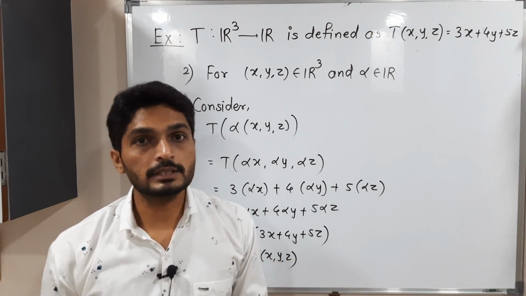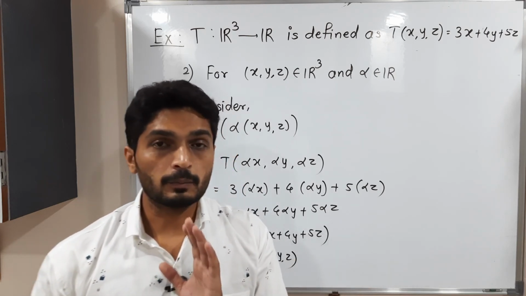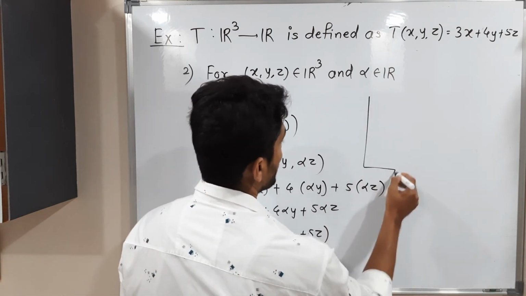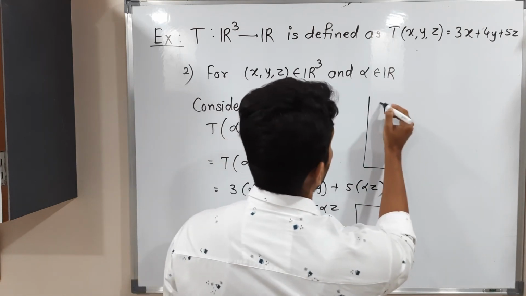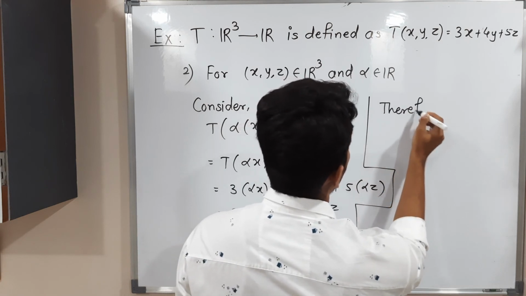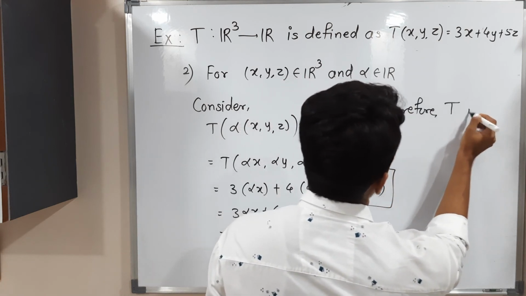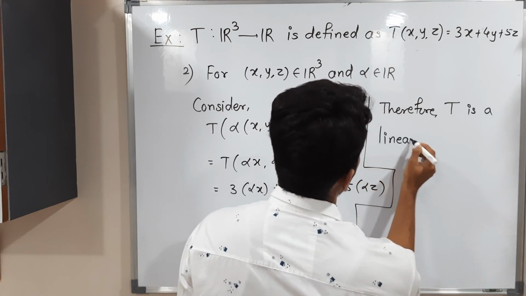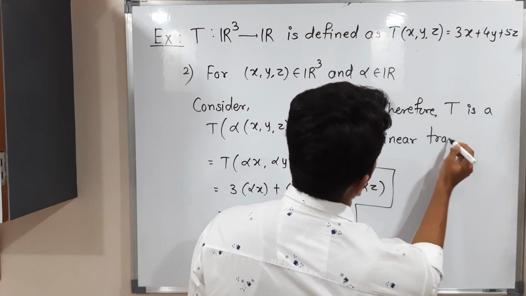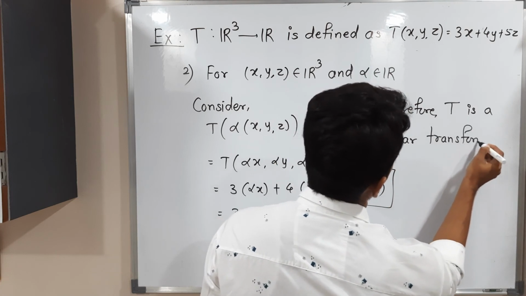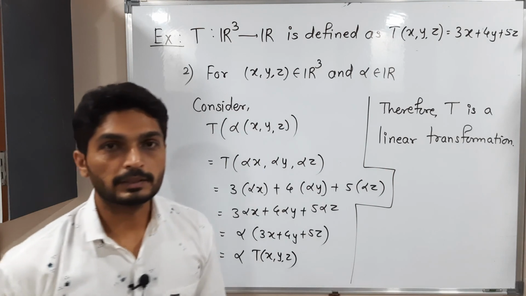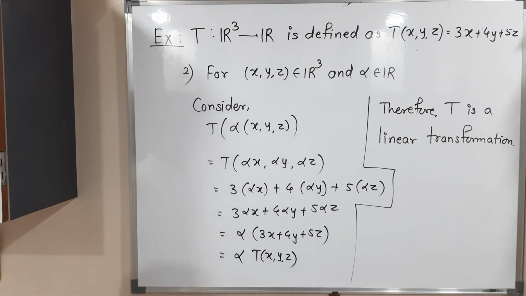So T satisfies both properties. That's why we can declare that T is a linear transformation on R3. In this way we have completed this example. You can make a screenshot of it. After that we will stop. Thank you. Bye bye.